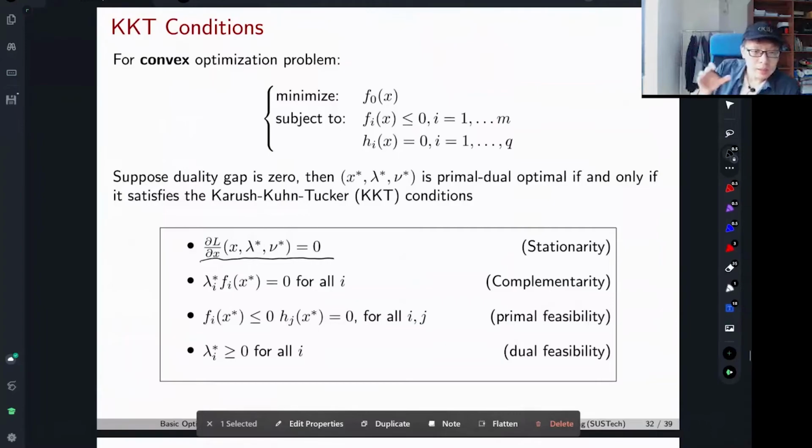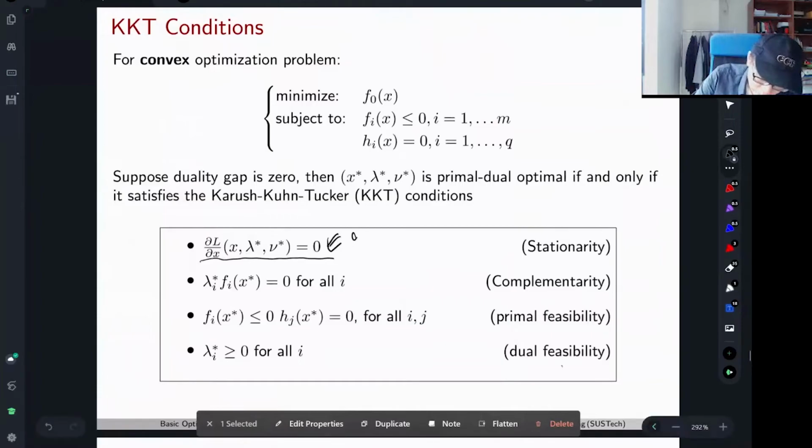You just need to remember the general optimality condition, then we can derive the KKT conditions based on the additional assumption of convexity. The last three conditions are the same. You just need to replace the Lagrangian optimality with a first order optimality condition.